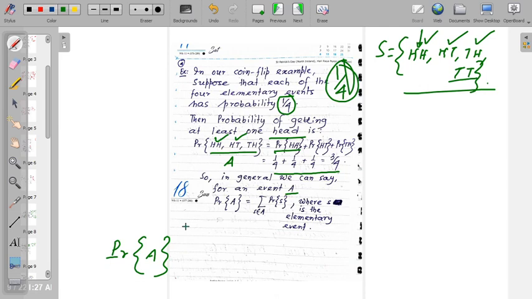Now this event A is comprising of elementary events, and elementary events are mutually exclusive.